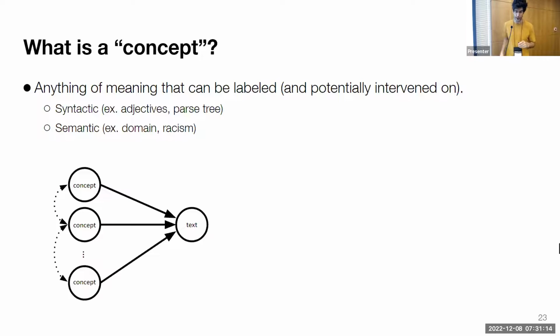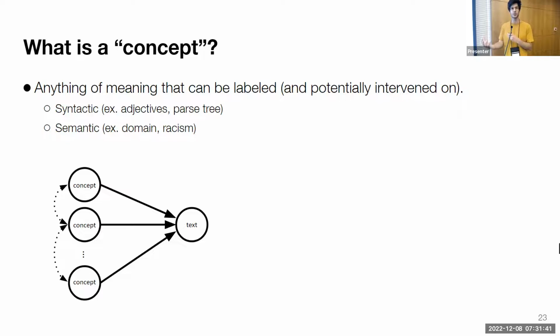All right, so I mentioned the word concept quite a few times. What do I mean by it? Anything of meaning that we can think about in the world that can be labeled and potentially you can imagine intervention on. Some examples of concept could be quite a stretch, where it's very hard to imagine if we can intervene on a gender or a race. But at the very least, in the example of text, we can imagine intervening on adjectives, on specific types of syntax.